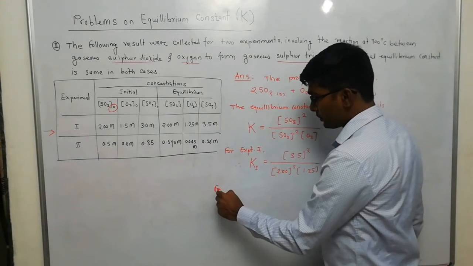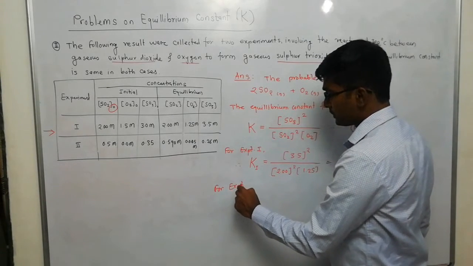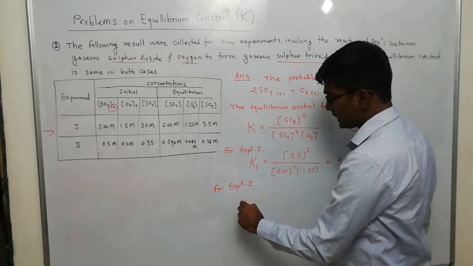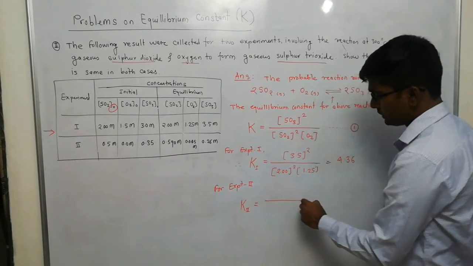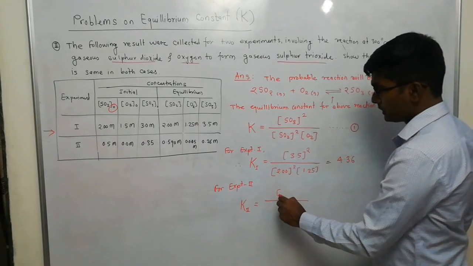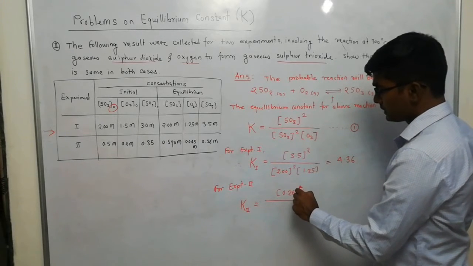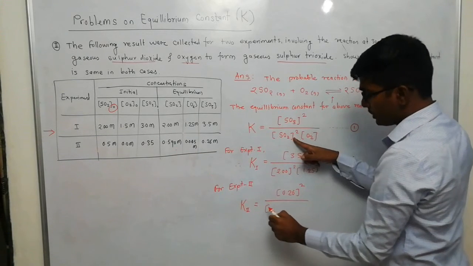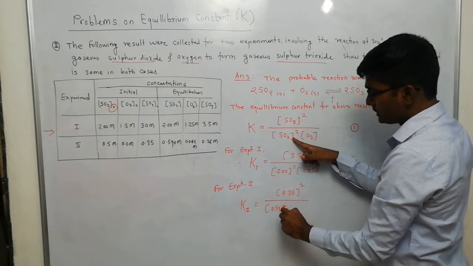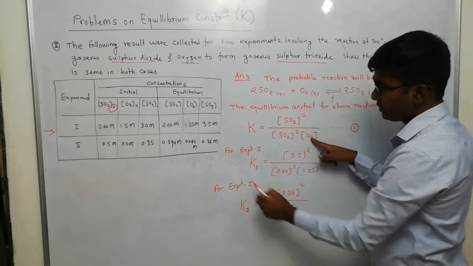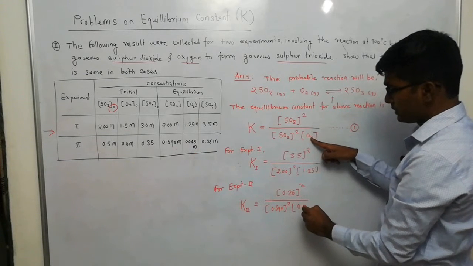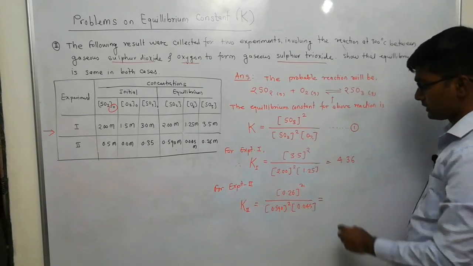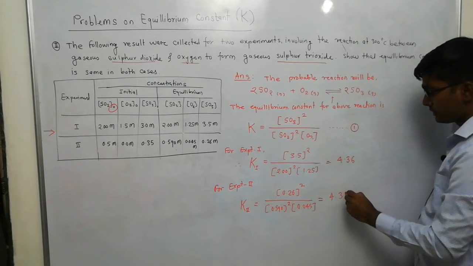Now for experiment 2, let us find the equilibrium constant for the second set. The concentration of SO3 is 0.26 squared, upon the concentration of SO2, 0.590, with stoichiometric coefficient 2, and the concentration of oxygen is 0.045. If we simplify this, we get the value 4.31.